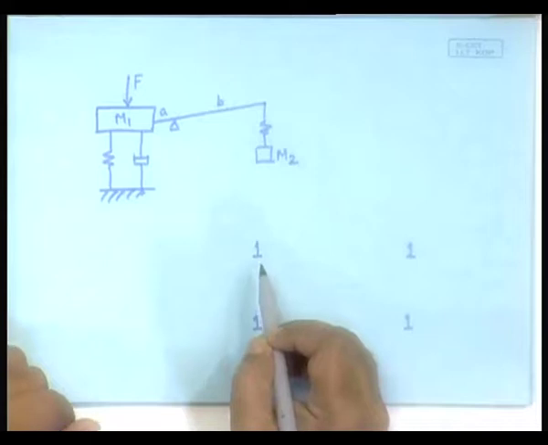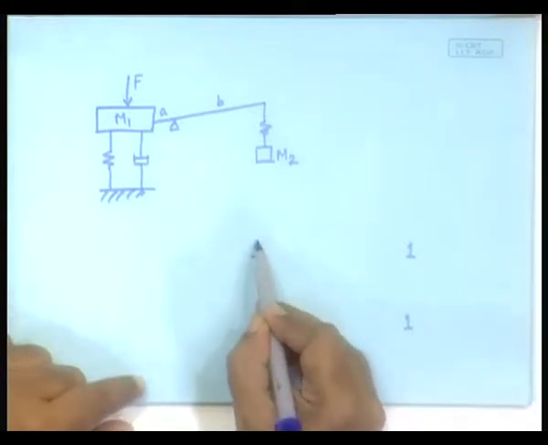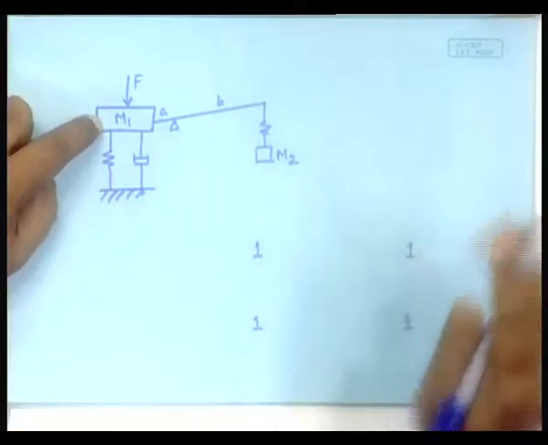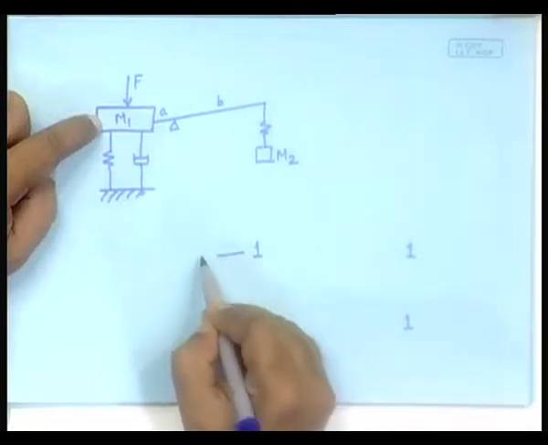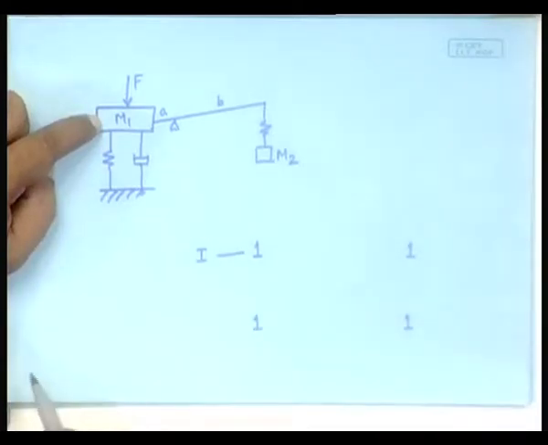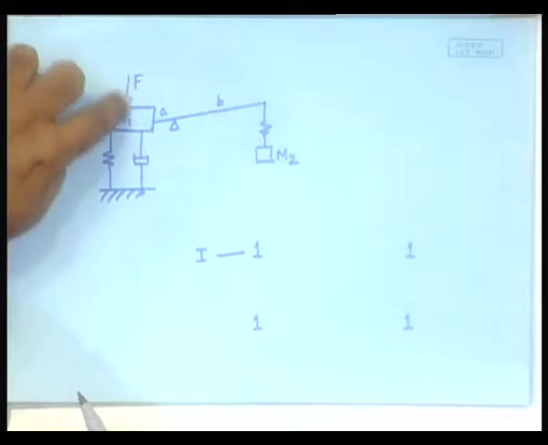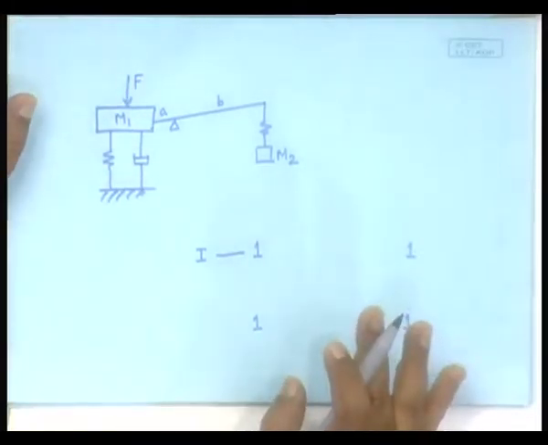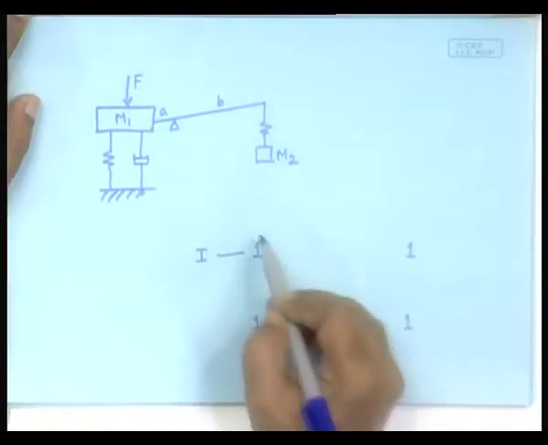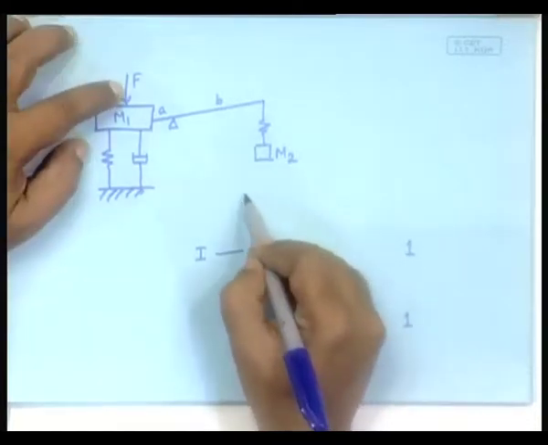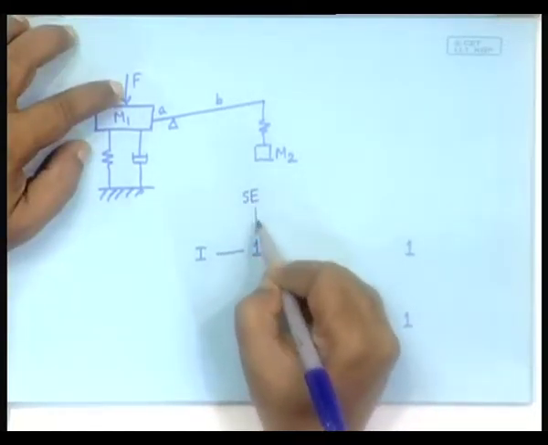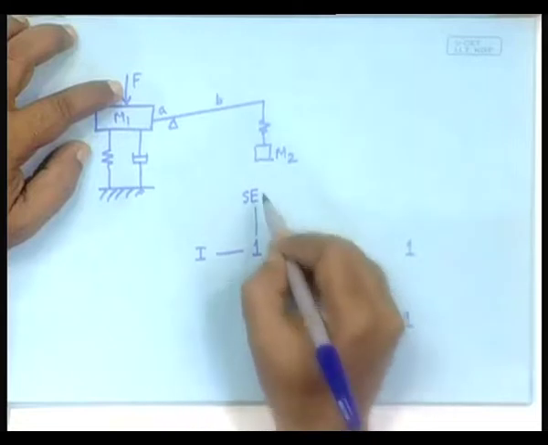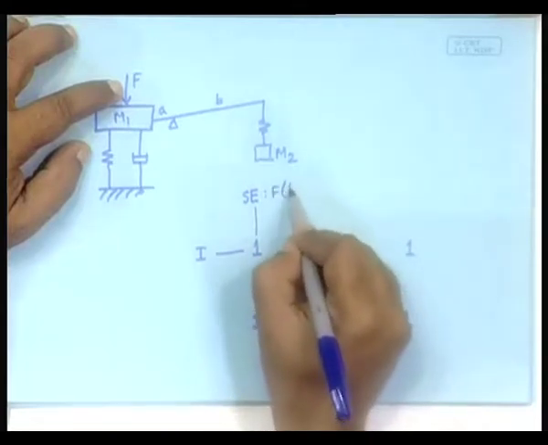Now, what is connected to this 1 junction? The mass, definitely. So, we will connect the mass to it, I element. This force also shares the same velocity. So, that will also be connected by means of the same 1 junction, right. This is the f of t.